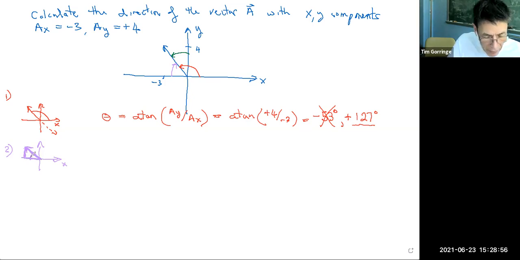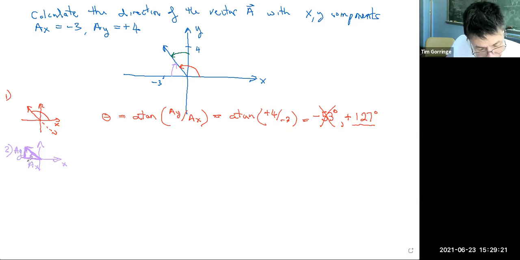So we're going to think about that right angle triangle and this angle, we'll call it theta again, within that right angle triangle. That right angle triangle, if that's theta in this corner on the bottom right, the adjacent side is AX and the opposite side is AY.